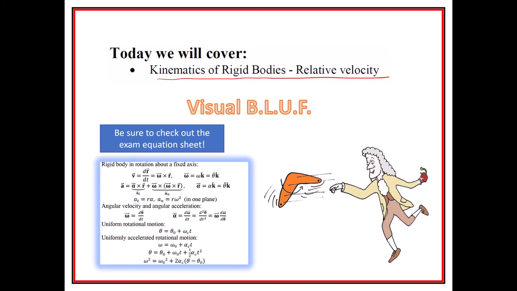Relative velocity is the subheading on this. What we're really talking about is something that's in pure rotation. The bottom line up front from our equation sheets: when we have pure rotation and we want to find the velocity, we have the cross product of the angular velocity times the position vector, where the angular velocity can be written as either omega or theta dot.